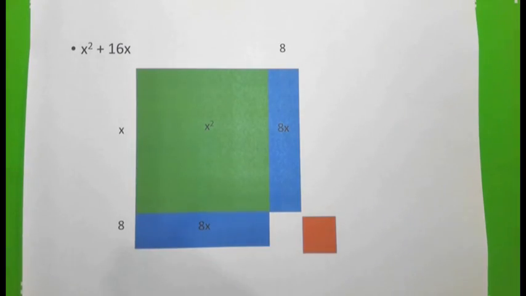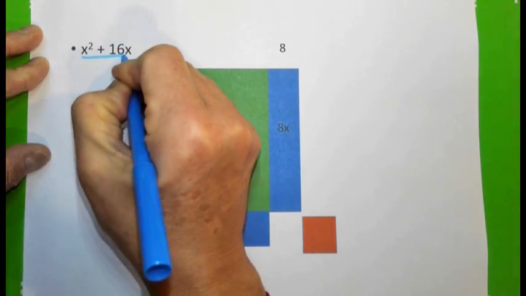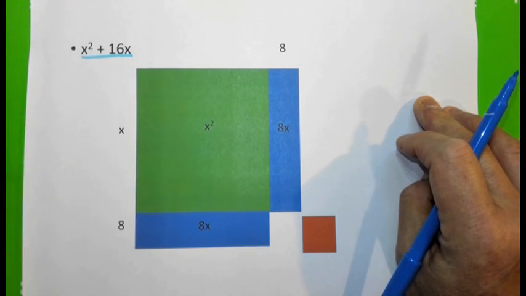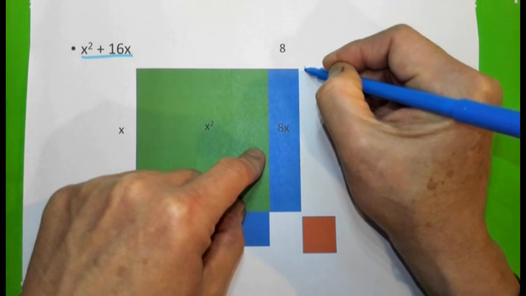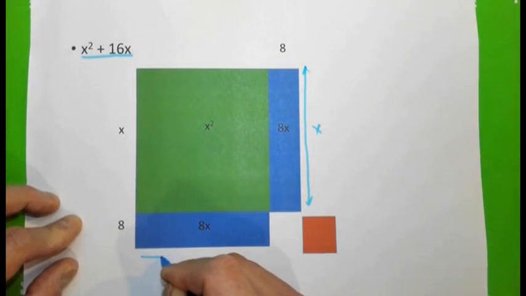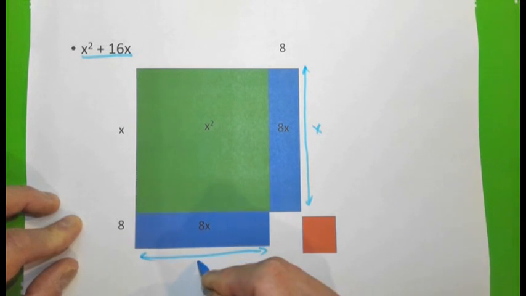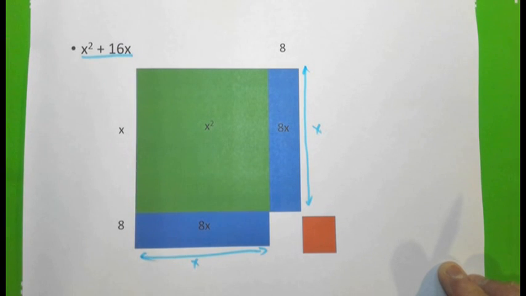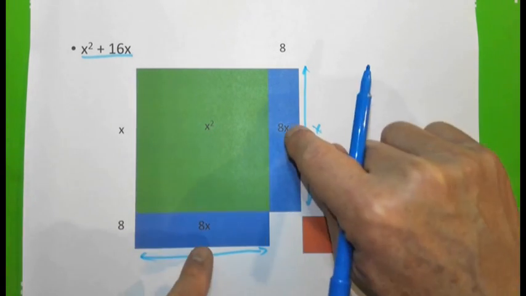Let's have a look at another example. This time we are looking at x squared plus 16x. The green bit represents x squared. The blue bit is actually 8 times x. Same here, 8 times x. Therefore, it's actually x squared plus 16x. Alright?